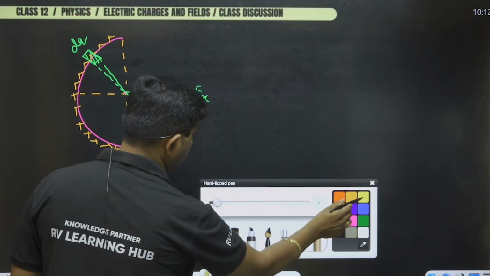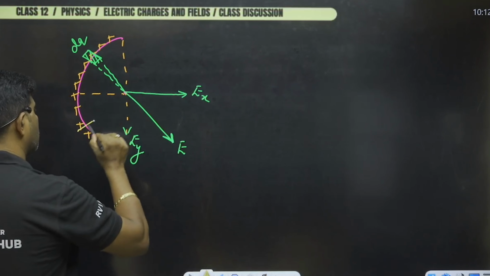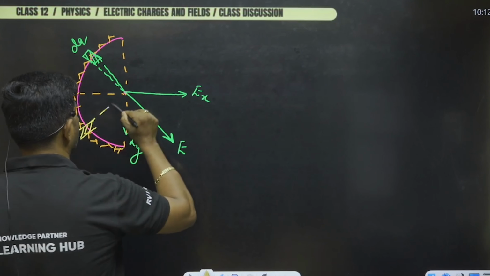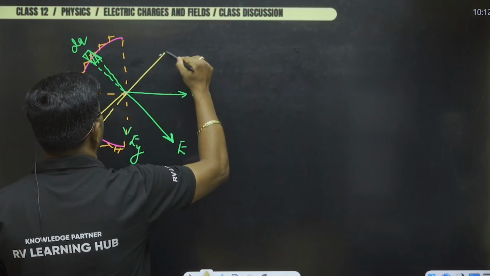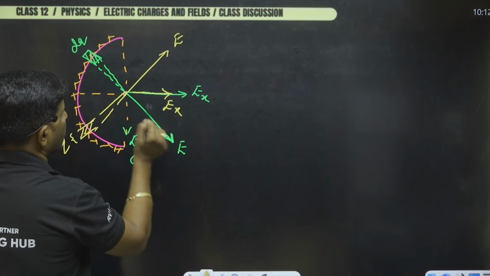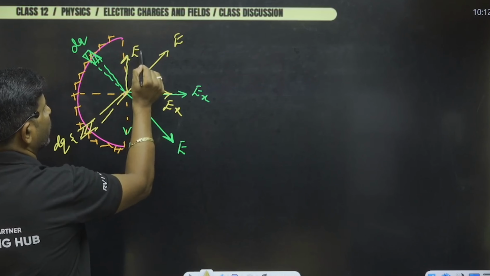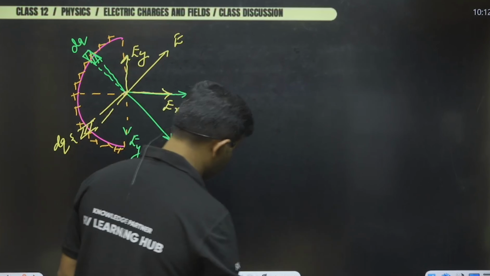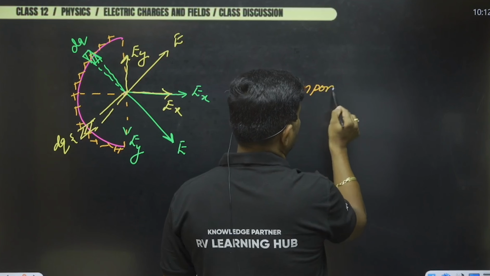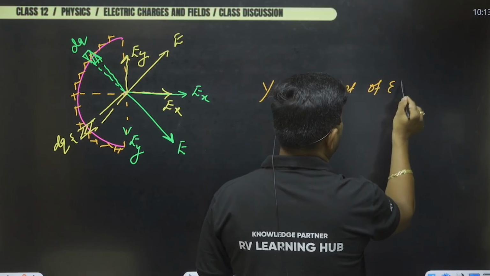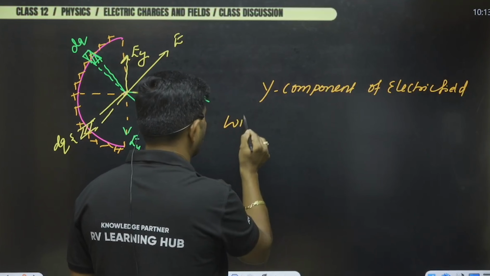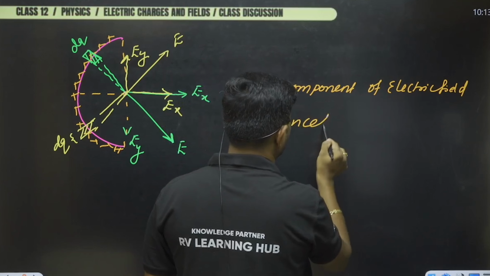In the same manner, if I imagine a small element like this, dq, then it will produce the electric field as shown. So one is along the x and the other one is along the y. Is it right or not, ma? Therefore, we can say that the y component of the electric field will cancel each other.